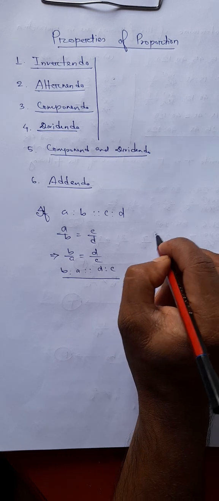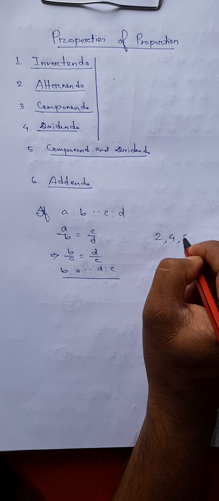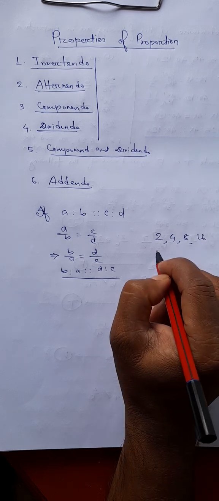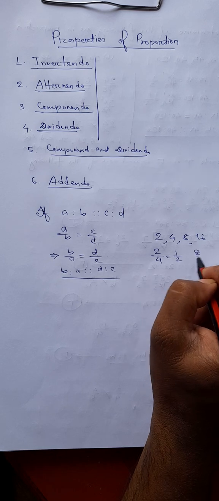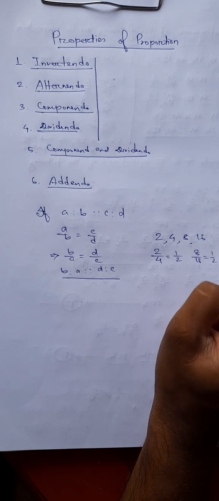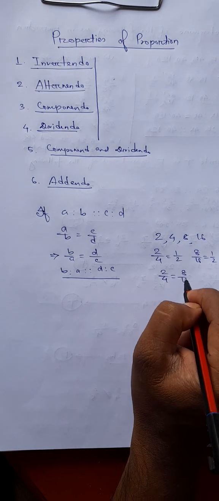Say for example 2, 4, 8 and 16. 2 by 4 equal to half, 8 by 16 equal to half. Therefore 2 by 4 equal to 8 by 16.